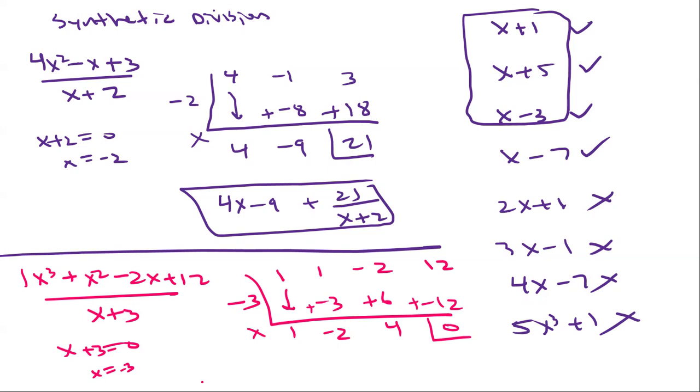So the answer to this problem is going to be, since I divided by an x term, the power of 1, it's going to reduce this whole polynomial by one power. So anyway, this becomes x squared minus 2x plus 4. Okay? And I don't have a remainder because my remainder is 0, and then that will be my answer here.